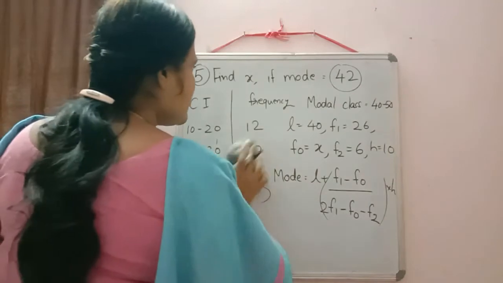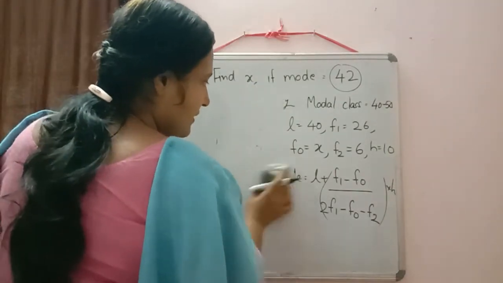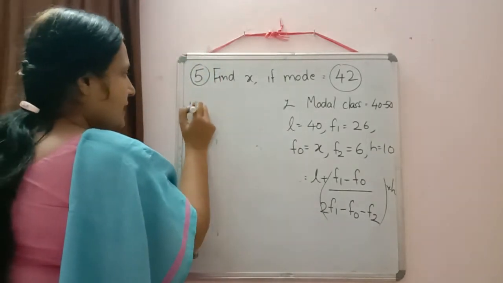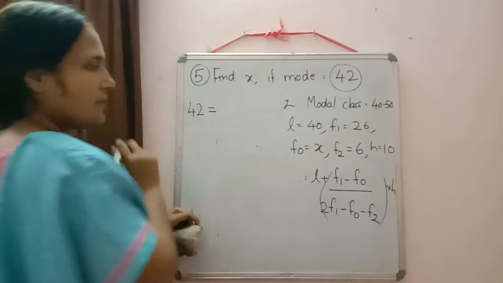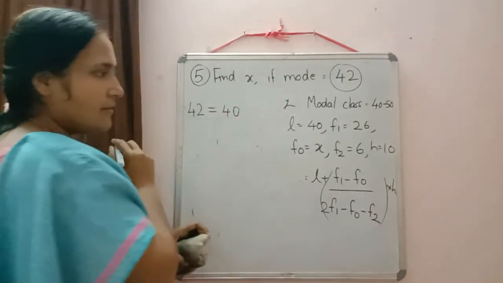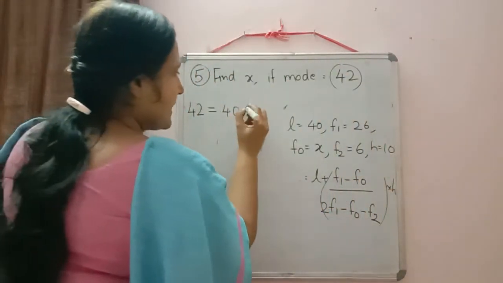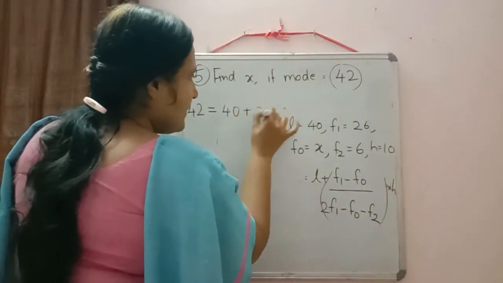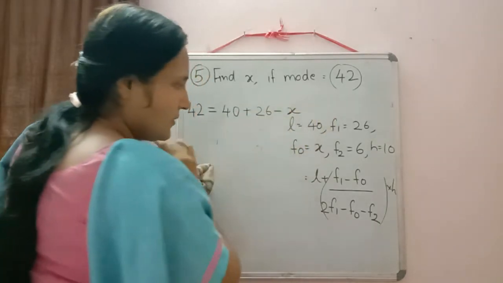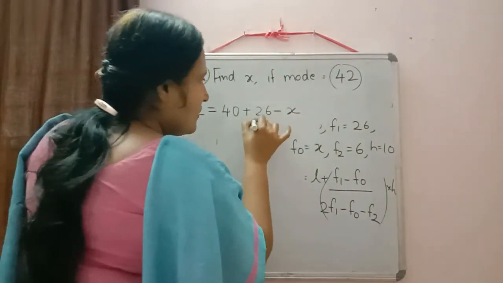So shall I rub this one so that I can do the calculations here? Okay. Mode, what is mode given? 42. So on the left hand side here we will write 42 is equal to lower limit L is 40. So written here 40 plus F1, F1 is 26. So plus 26 minus F0, that is x, by 2F1.